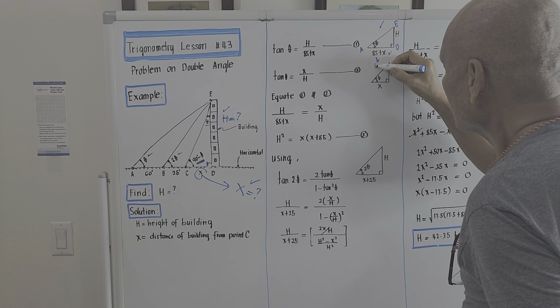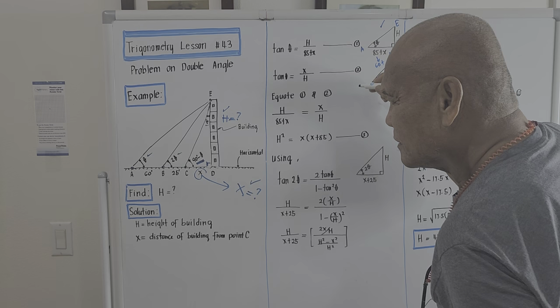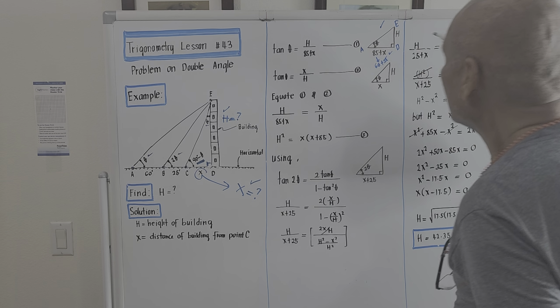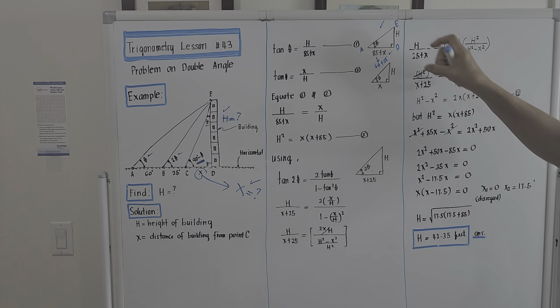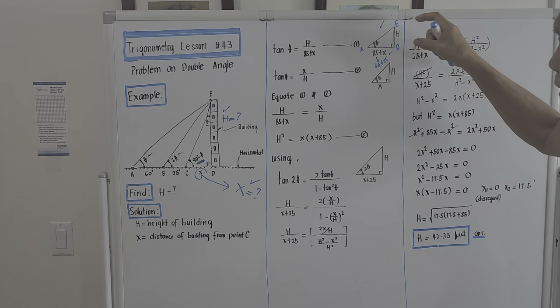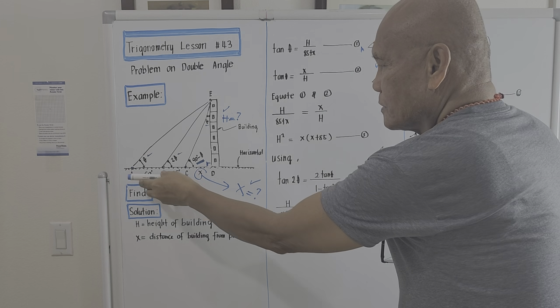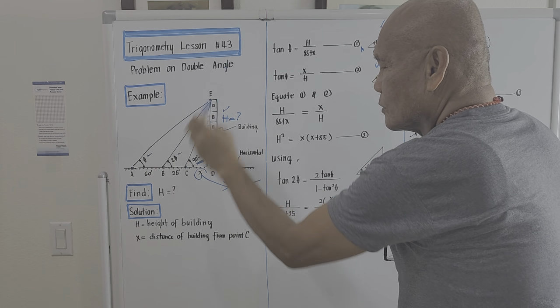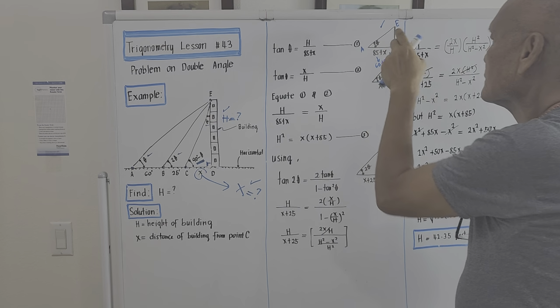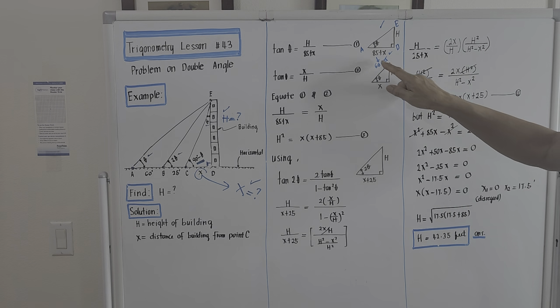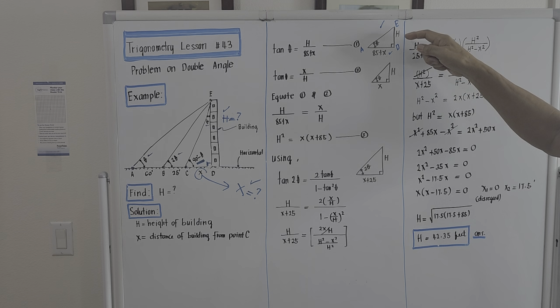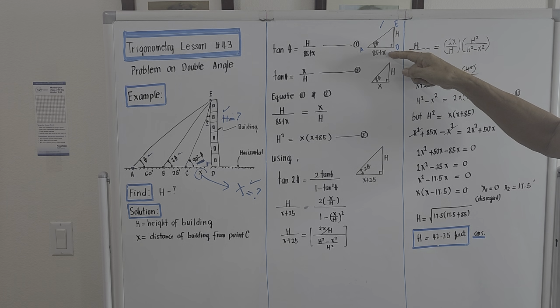This 85 is actually 60 plus 25. Right? And the opposite side, considering theta, is the unknown height of the building. So we bring out this side here and this side, considering the first angle theta, it is this. Right? Okay, I will try to erase this one so it looks good. So in here, we are given a right triangle that contains the unknown height and the distance x.